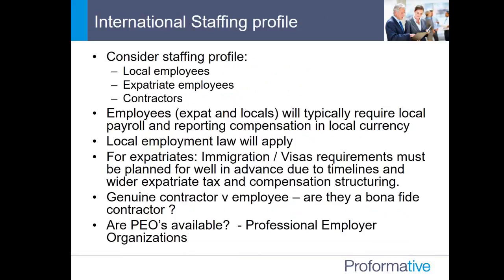Now, we will go into the advantages of the contractor arrangement, but remember that a local employee or an expatriate employee will typically require some form of payroll withholding in country. And further, if you have expatriate employees or non-local national employees, you're going to have to think about immigration and work permits as an absolute priority before you make offers of employment.